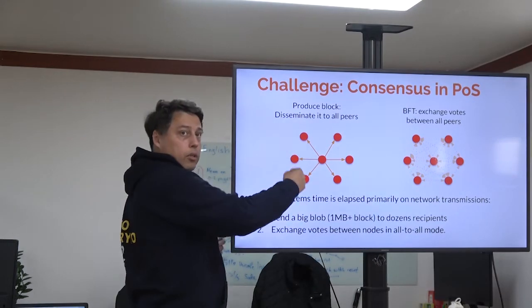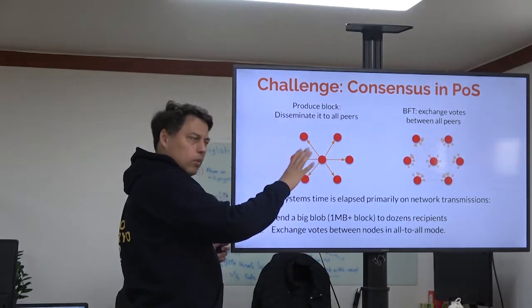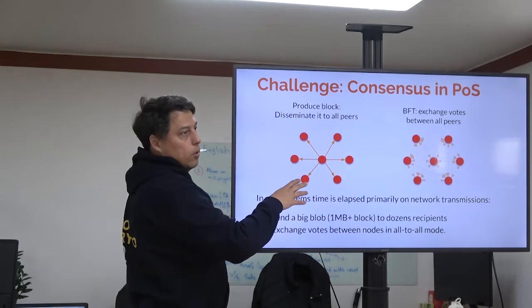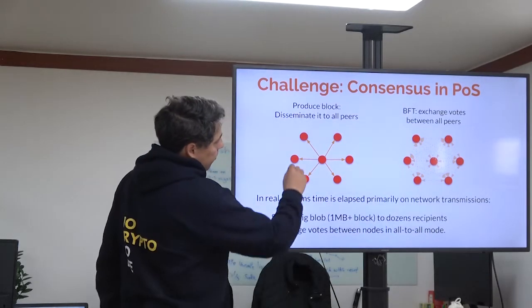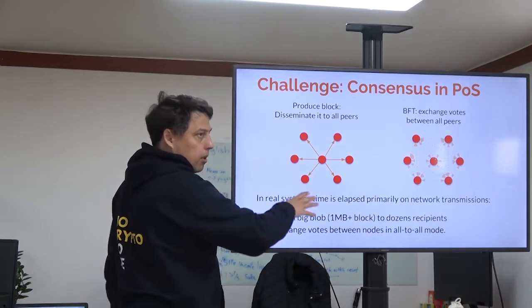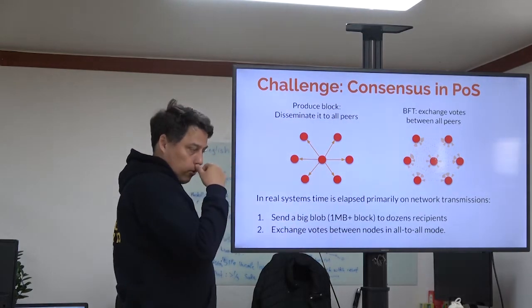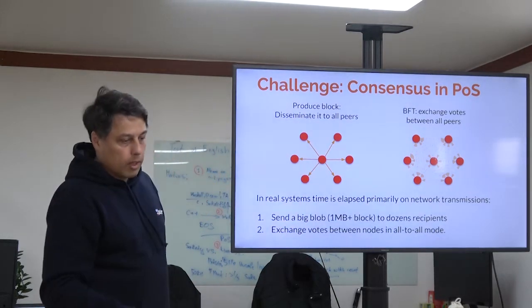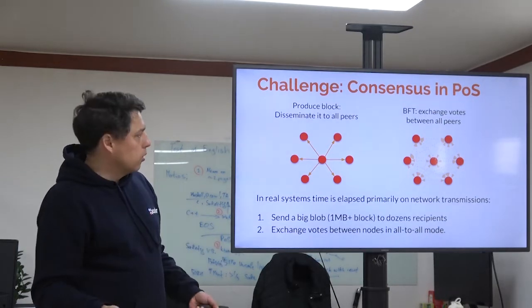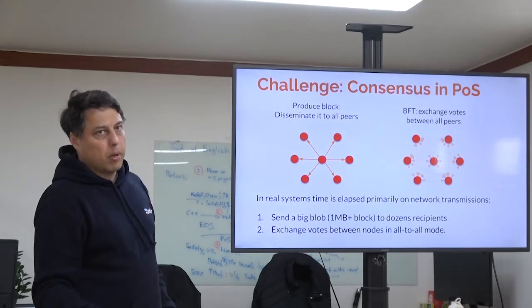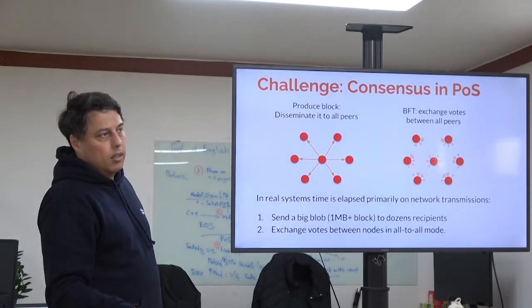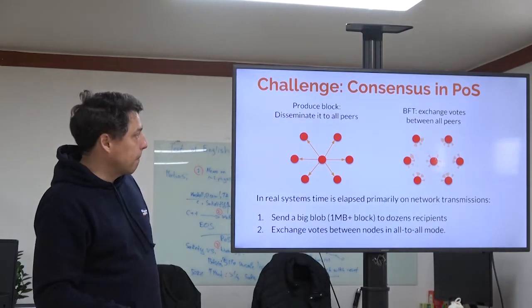If there are a few peers, it's reasonably fast. If a block is big, like 1 megabyte, sending it to some neighbors is one story. But if there are dozens of other nodes that participate in validation, then sending dozens of megabytes of data might take an unexpectedly long time.